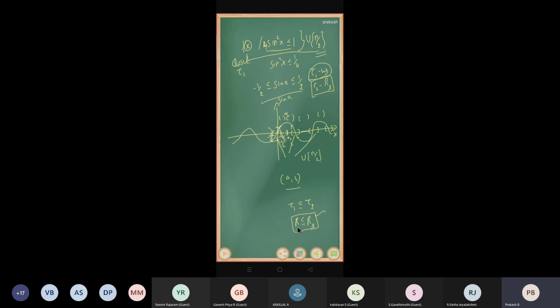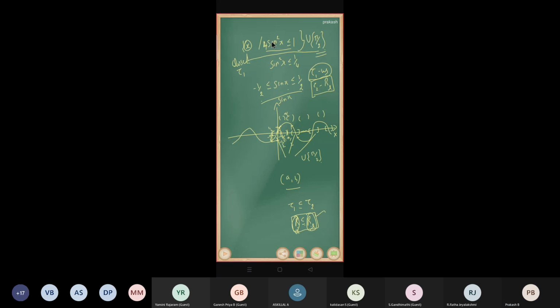So if there is a closed set in R, then it is also closed in RL. So here this is closed in R, therefore it is also closed in RL. Therefore the set is closed in the usual topology as well as in the lower limit topology.